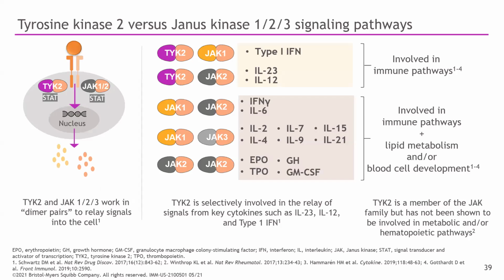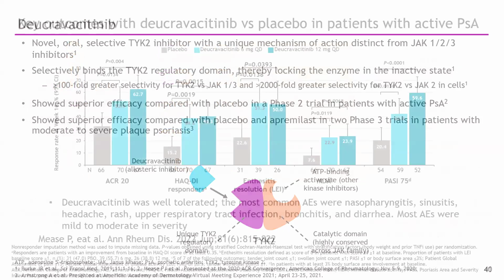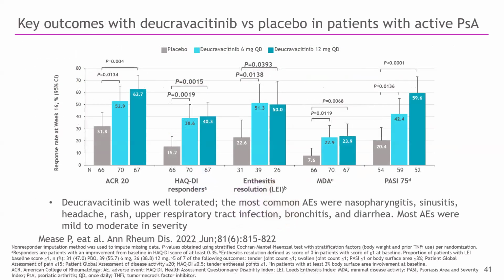Oral medications. There's a drug that's been approved for psoriasis known as deucravacitinib, which is a TYK2 inhibitor. It's a little different than Xeljanz or Rinvoq, which are JAK1 and JAK2 inhibitors, and JAK3. And here is data from the phase 2 trial with deucravacitinib showing its efficacy in psoriatic arthritis.